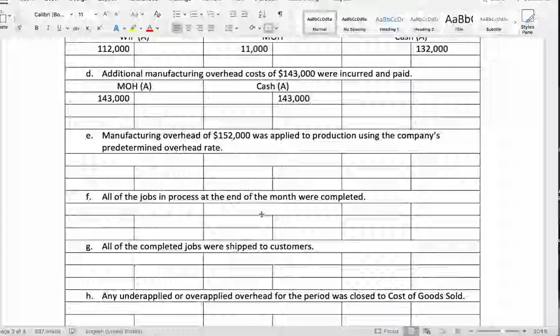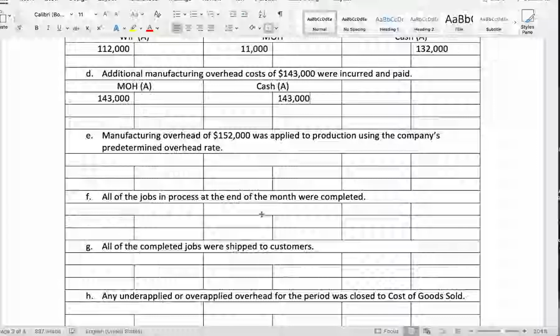Okay, manufacturing overhead of $152,000 was applied to production using the company's predetermined overhead rate. Guess what? They already calculated the predetermined overhead rate. They already multiplied that predetermined overhead rate by the cost base, or the allocation base.